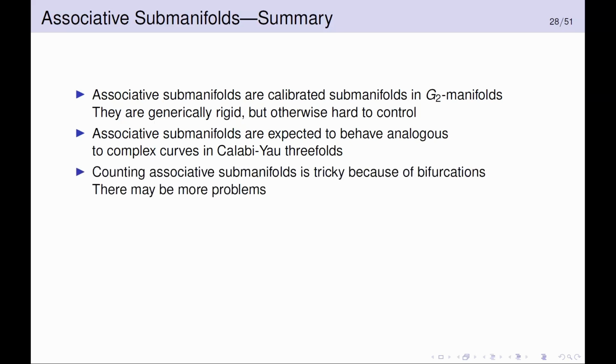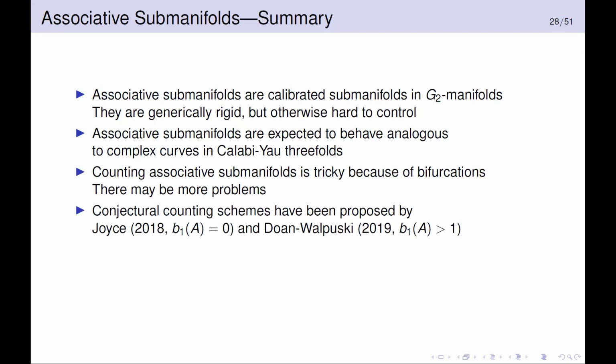Counting is tricky because of bifurcations, and there are more problems that I'm not going to discuss. Nevertheless, there are conjectural counting schemes. One has been proposed by Joyce. This is for associatives where the 3-manifold itself has Betti number 0.